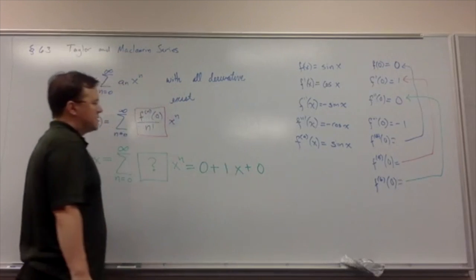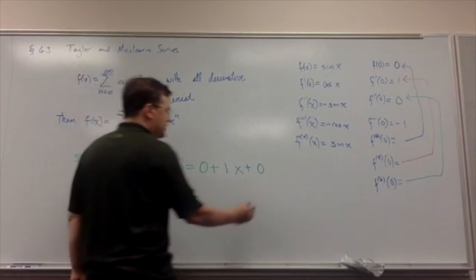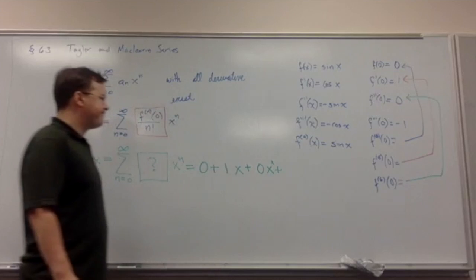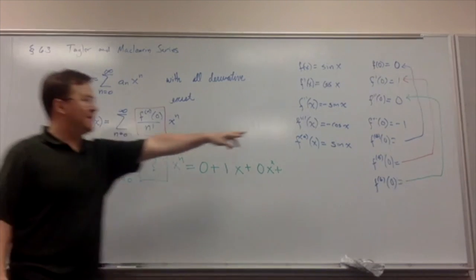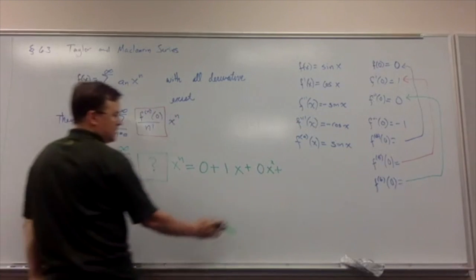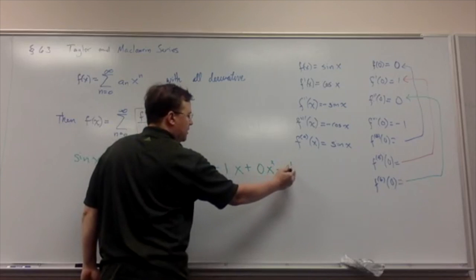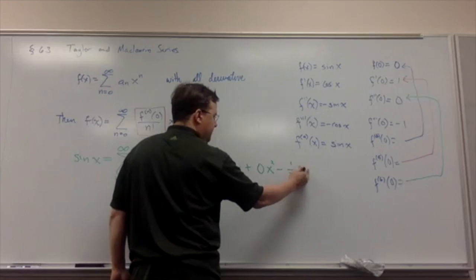If there's a 0 there, it's pretty simple: 0 x squared. And then 1 over 3 factorial, x cubed. But bear in mind, this is a negative 1 now, so I should be putting a minus 1 over 3 factorial, x cubed.